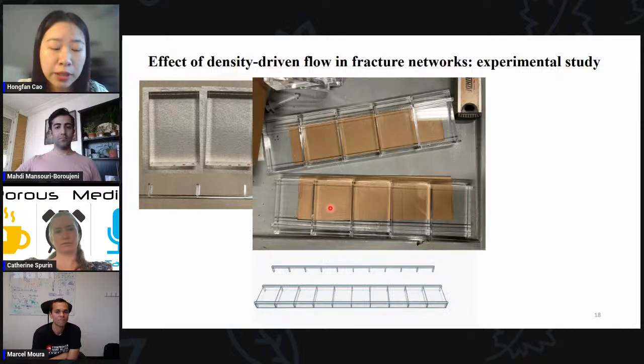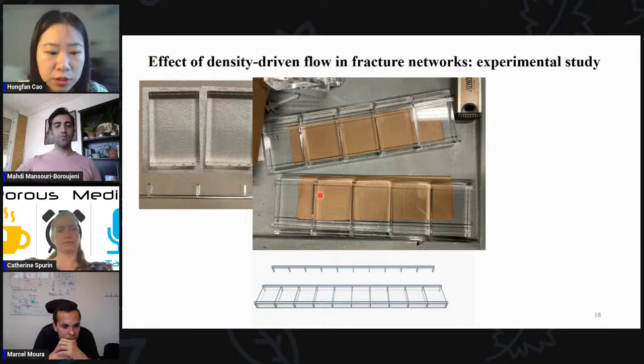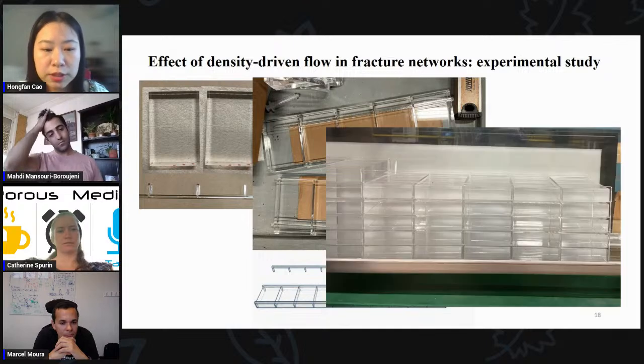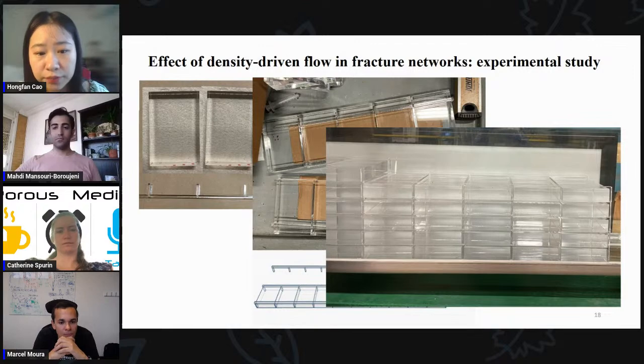So like we can see here, we combined several transparent blocks and place the space between them to generate the fracture between these transparent blocks. And then we put these blocks layer by layer to generate horizontal fractures.